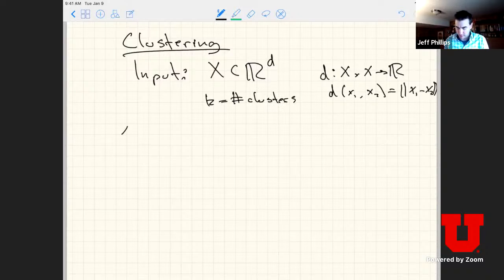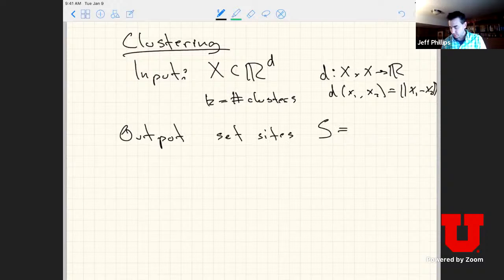We're also given k, the number of clusters. Then the output is going to be a set of sites S, s1, s2, up to sk. These are going to define the clusters, the centers of the clusters, and we're going to tweak a little bit what we mean by these sites.